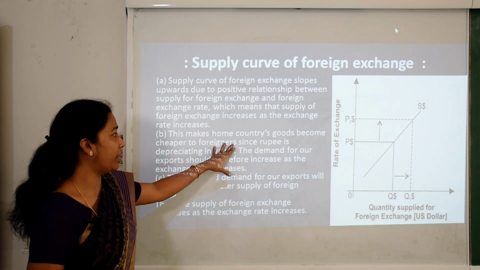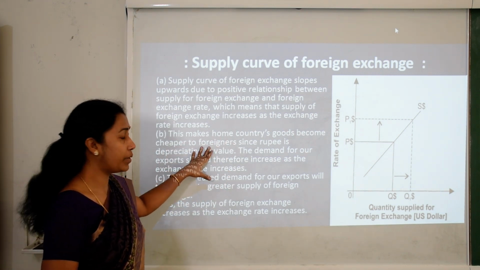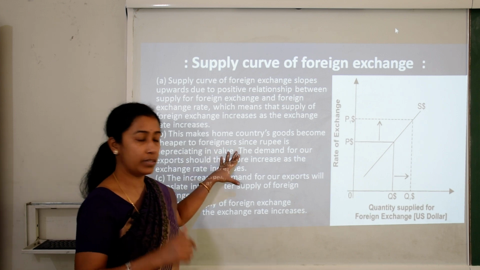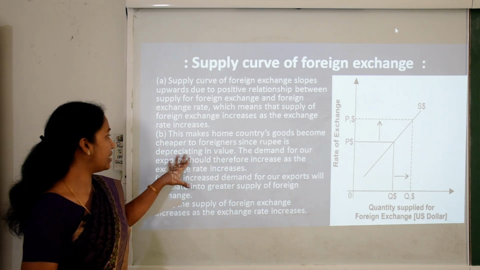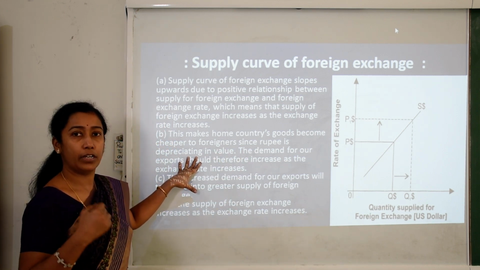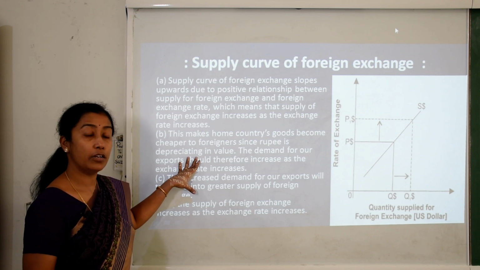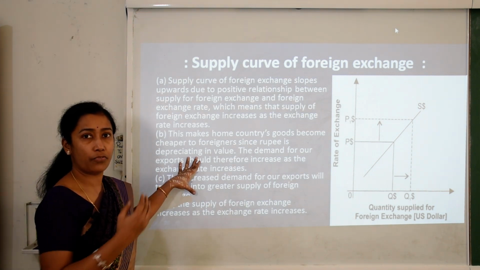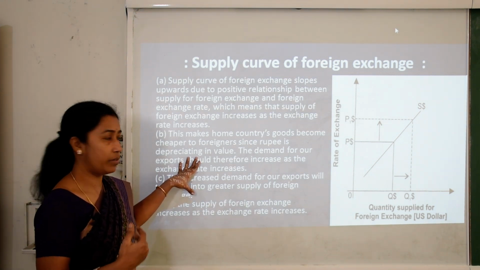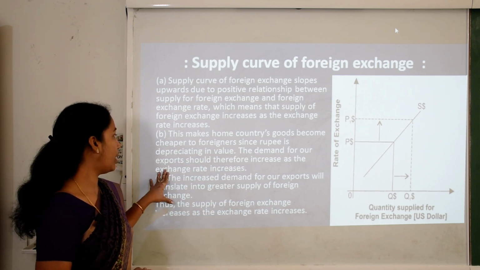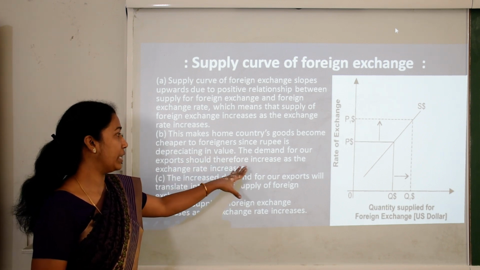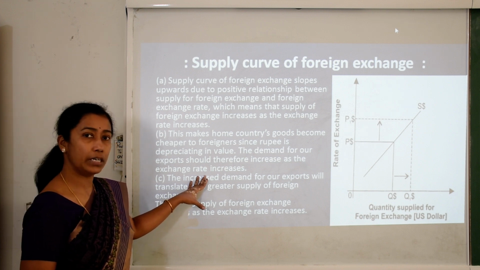This makes the home country's goods relatively cheaper to foreigners. Since the rupee is depreciating, that means the value of our domestic currency is falling, it becomes relatively cheaper for foreign countries to purchase more and more. So the demand for our exports increases as the exchange rate increases.